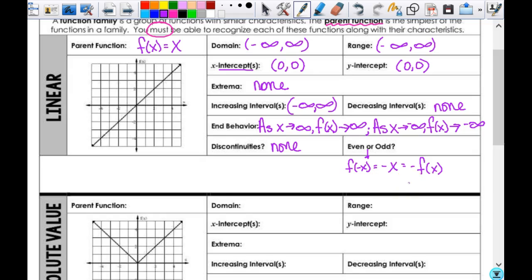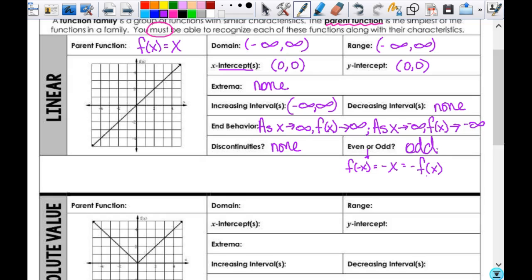The reason you know it's odd algebraically, though I know we're looking at it too, is that f of negative x equals negative f of x. If you don't make the statement that it actually equals that, then you don't have all your work there. We can look at this visually, but it is odd. Everybody okay with all that?